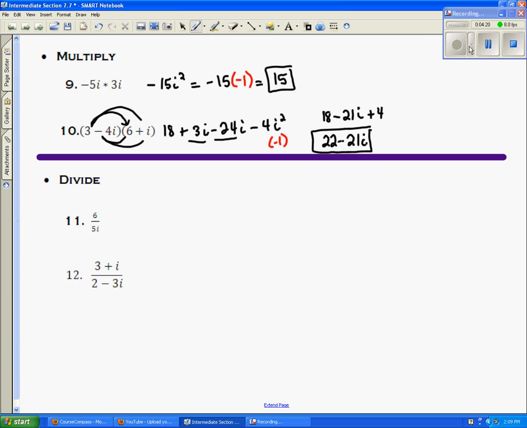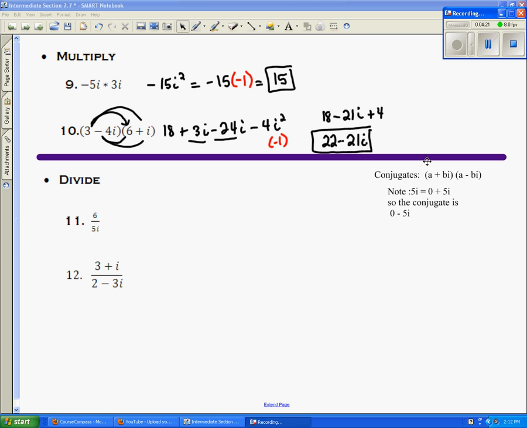Next, we're dividing. Next, we want to take a minute. The conjugates are a plus bi and a minus bi. If you notice, the only difference is the plus and the minus sign. When I'm trying to find a conjugate in number 11, because we don't want an imaginary number in the denominator, we're looking for the conjugate, so we want to pay attention to this note. We're going to multiply both sides by the conjugate, which is -5i. Whatever you do to the bottom, you do to the top.